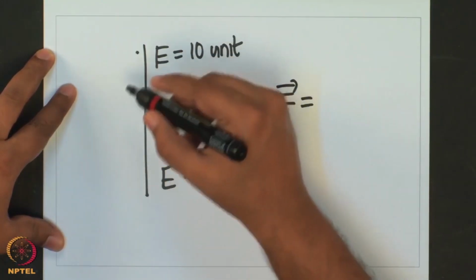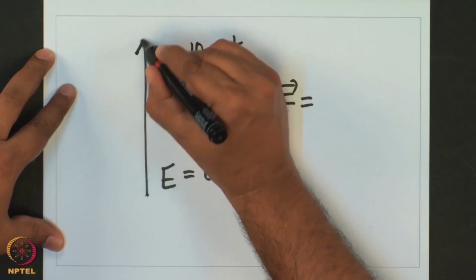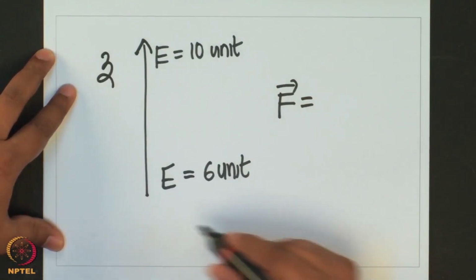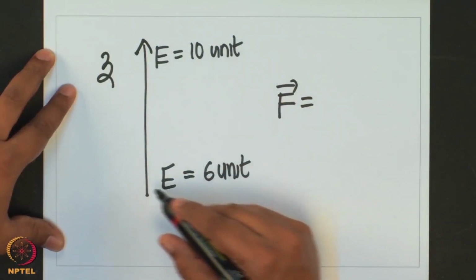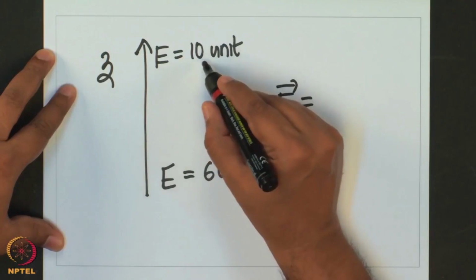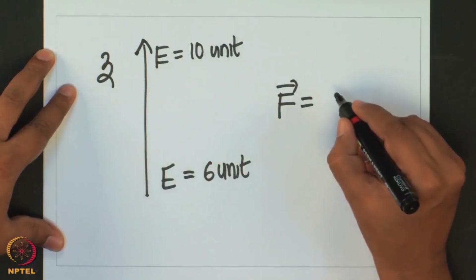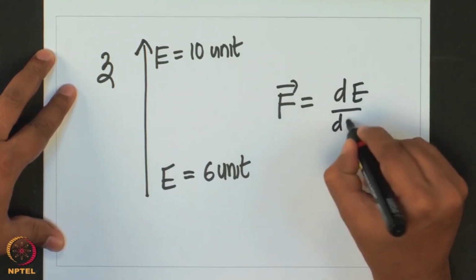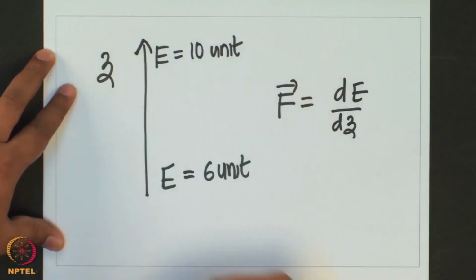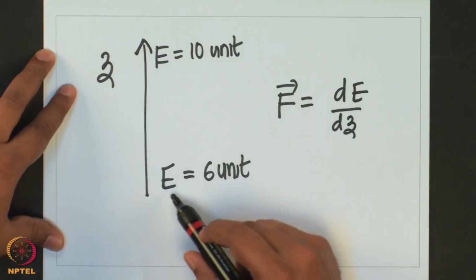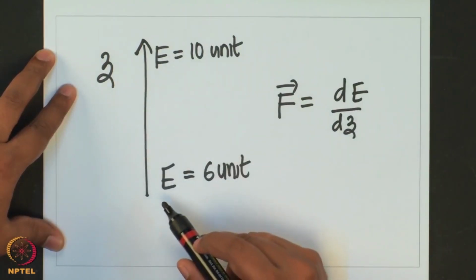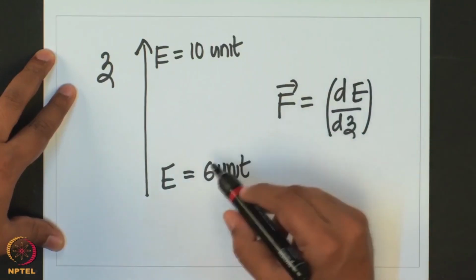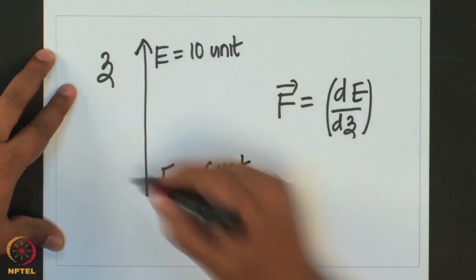let us take this direction, let us say the z direction, or y direction if I want. If I take this as the z direction, and the energy is 10 units here and 6 units there, how does this energy change along z? The energy will increase as z increases, so dE by dz will be a positive number, but the force will be along this direction.